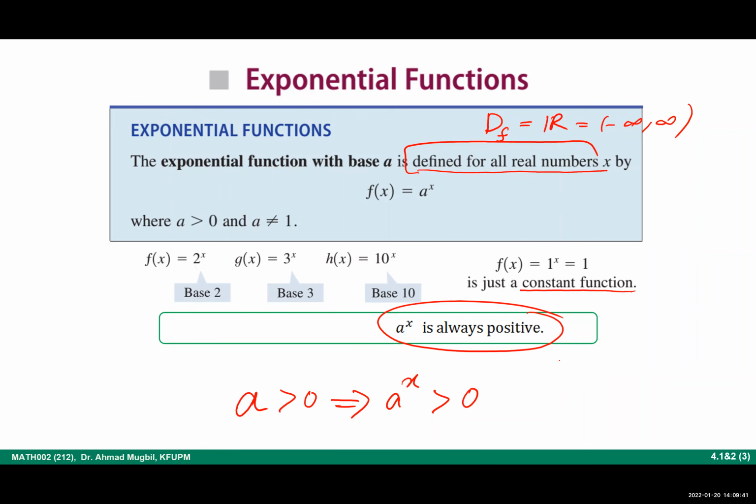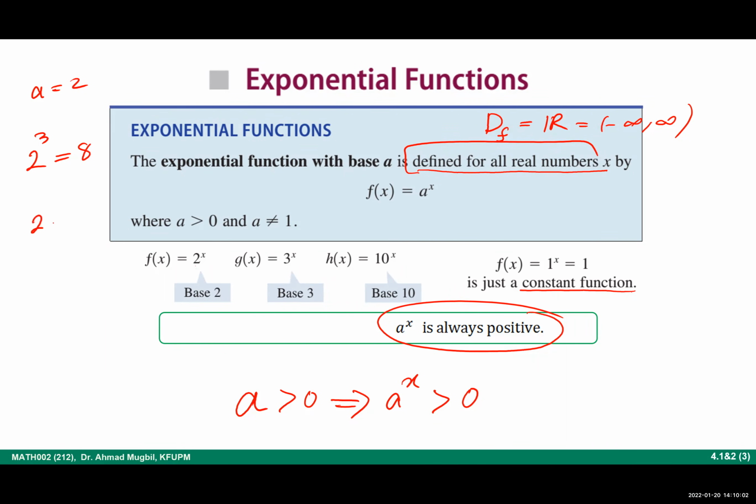Let me give you an example about that. Let's take a equals 2. Now, raise it to any power you want. Give me any power you want. Positive. Think about positive: 2 to the power 3. Good. So you can think about any other positive value, it will be positive.